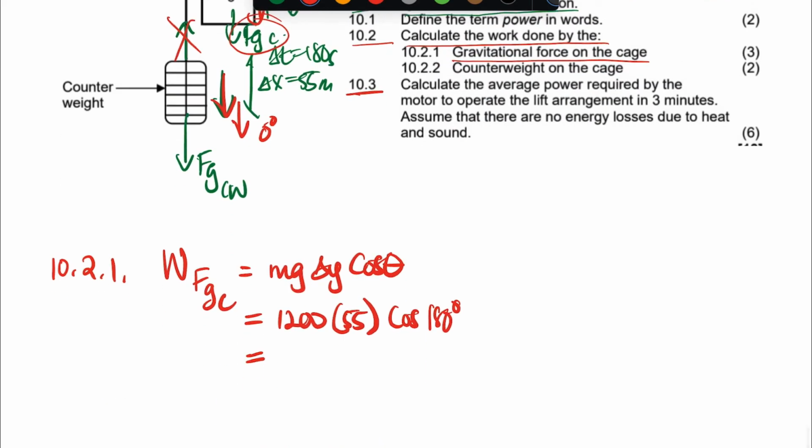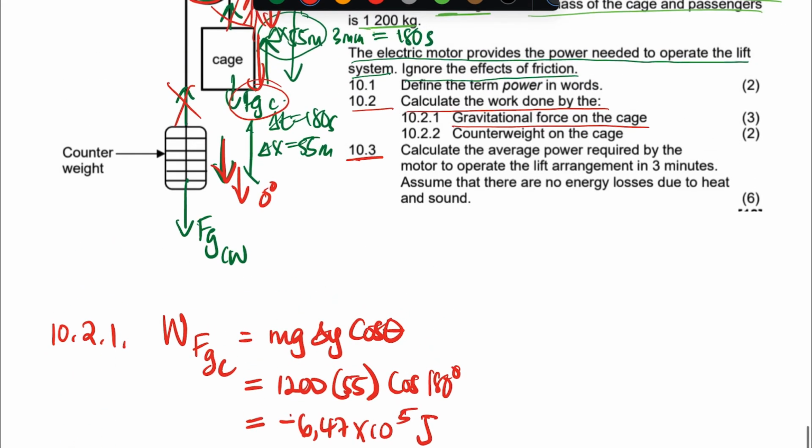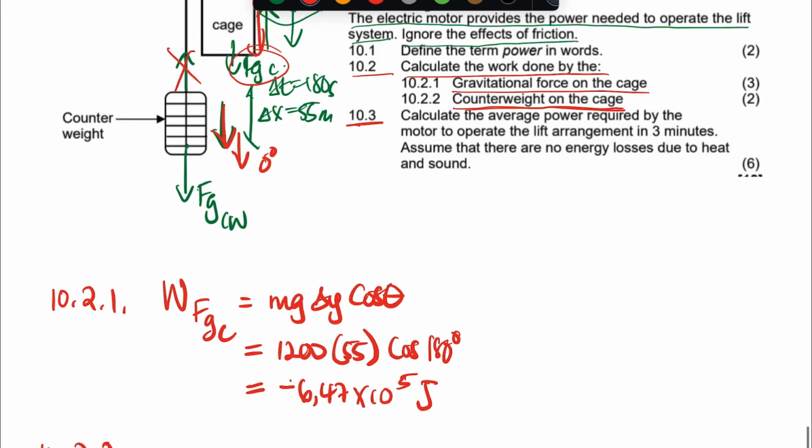So the answer there is negative 6.47 times 10 to the power 5 joules.